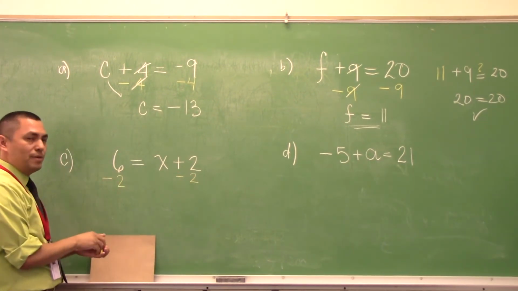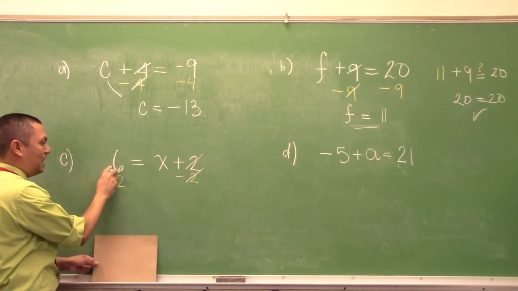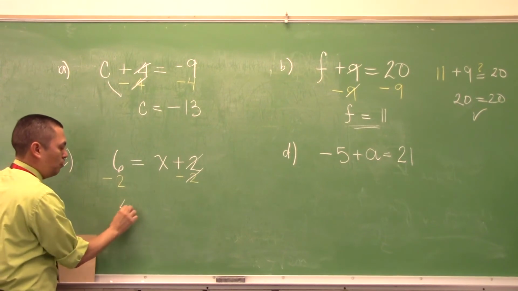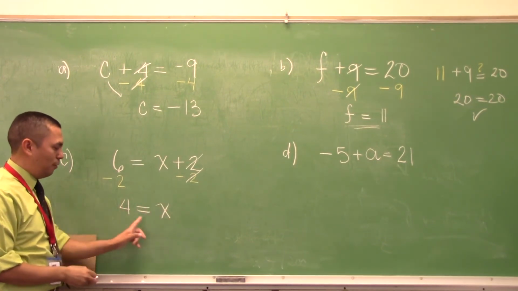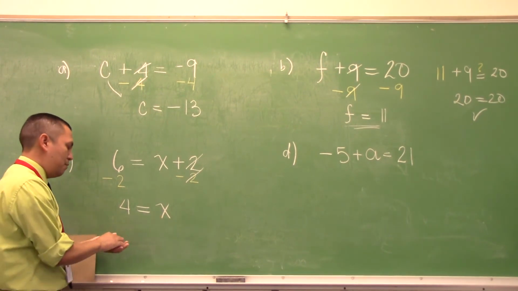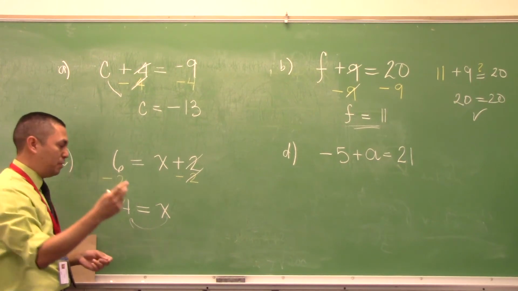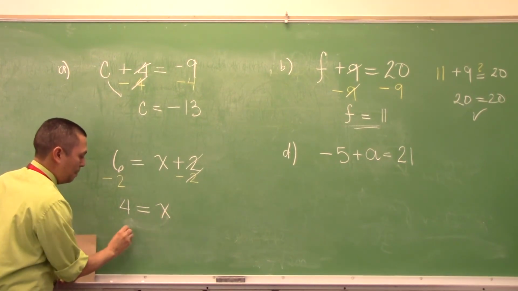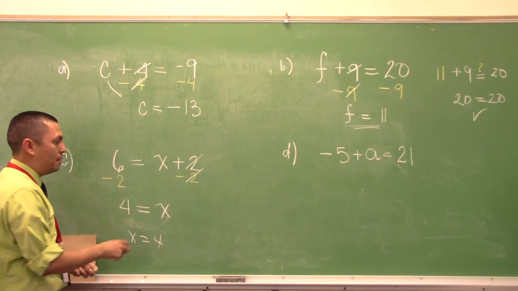Minus 2. 2 minus 2 is 0, so I just cross out. 6 minus 2 equals 4, which equals x. 4 equals x, or if you want, x equals 4 by the commutative property. You can switch these. x equals 4, and it's the same. Both are the same.